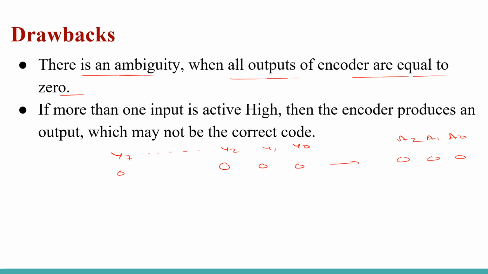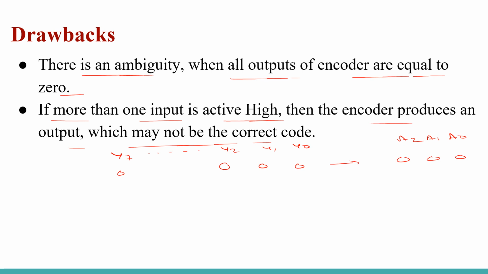Next, the second one: if more than one input is active high, then the encoder produces an output which may not be the correct code. We observed so many examples, and in those examples always only one input is active high.